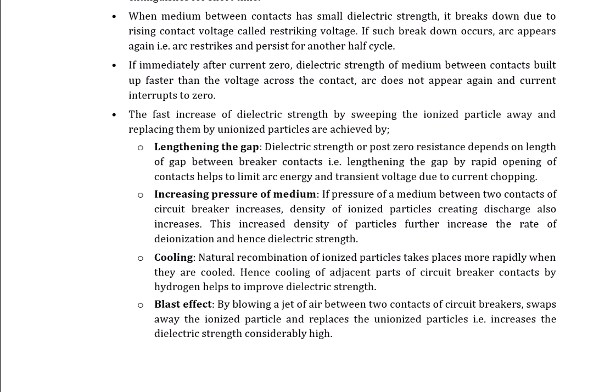Blowing a jet of air between the two contacts of the circuit breaker sweeps away the ionized particles and replaces them with unionized particles, so the dielectric strength increases considerably. This is how we can achieve a fast increase of dielectric strength by sweeping away the ionized particles.